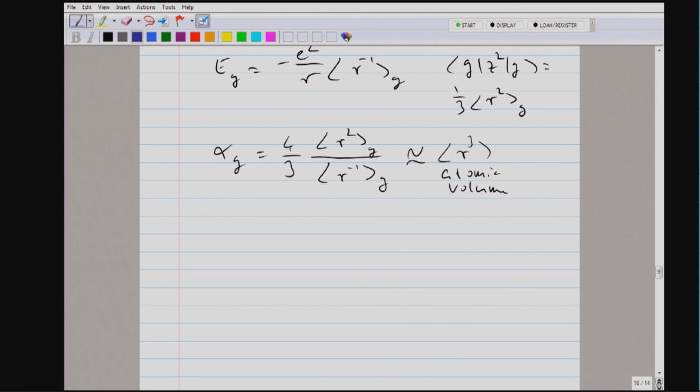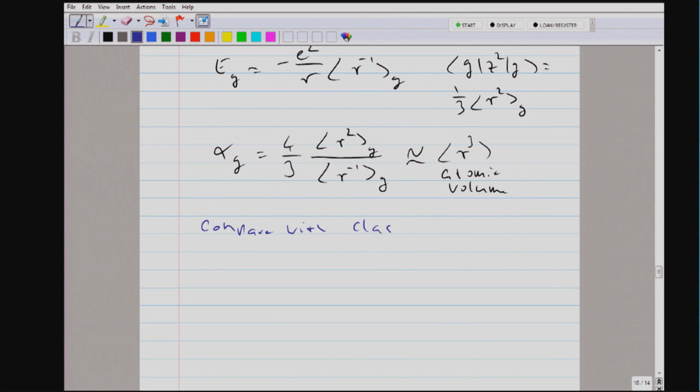Now, let me finally do a comparison. There is another system for which you have done calculations of the dipole moment, and this is in classical E&M, for a conducting sphere.